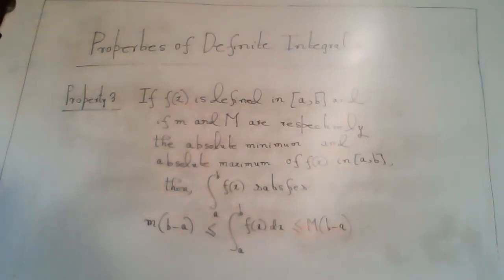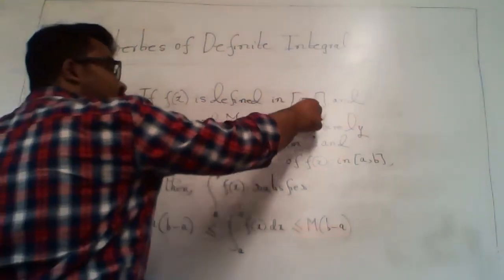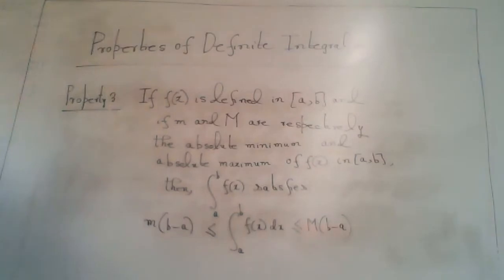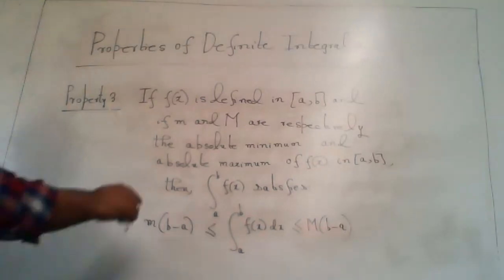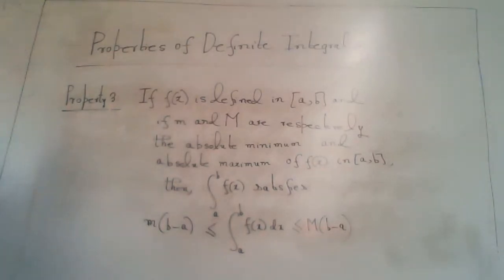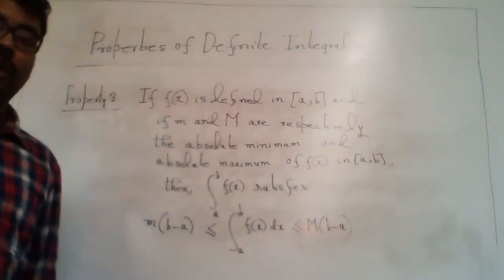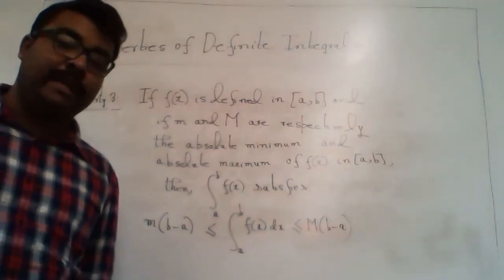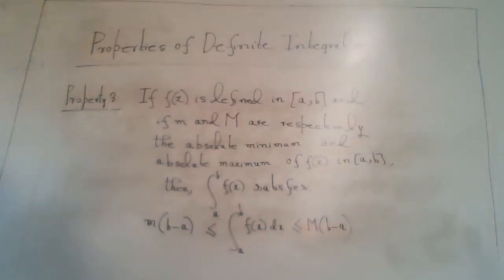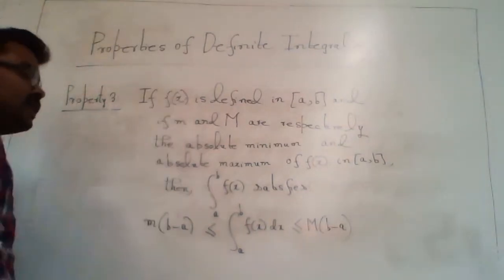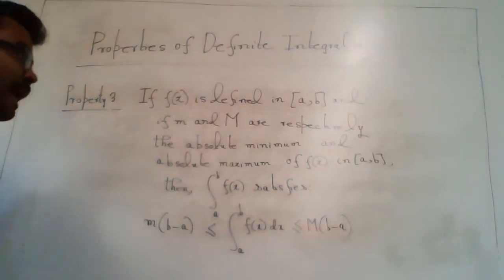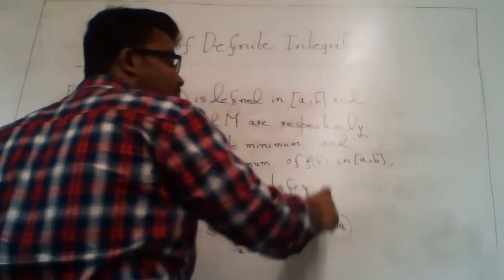I think all of you know, from the knowledge gained in the course of test 2, how to find the absolute minimum and the absolute maximum if we are given a function and an interval. Let me repeat. You compute the derivative of this function, equate that derivative to 0, and solve for x. The values that you get are the critical points. Then you find the value of the function at the critical points and at the two boundary points a and b.